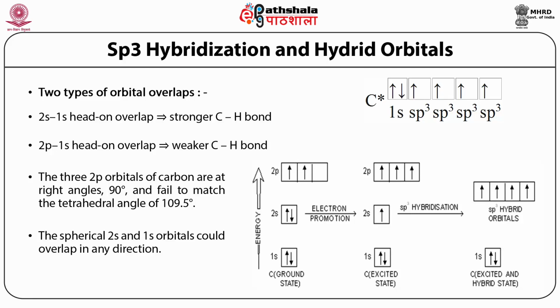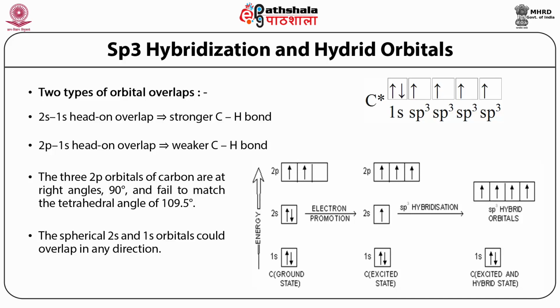All this representation of the gain in energy in the formation of 4 hybrid sp3 orbitals, which results from a linear combination of 1s and 3p orbitals, is shown in this figure.